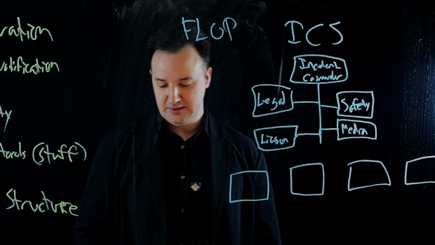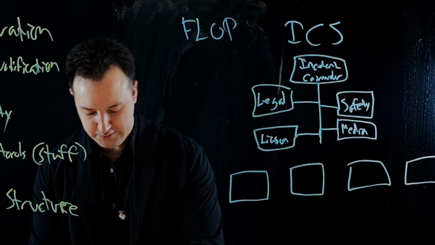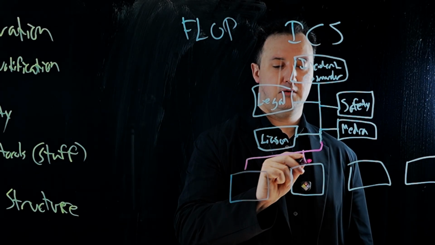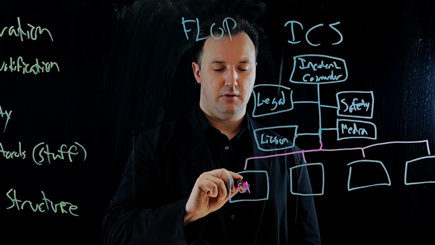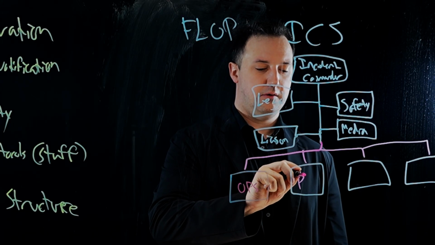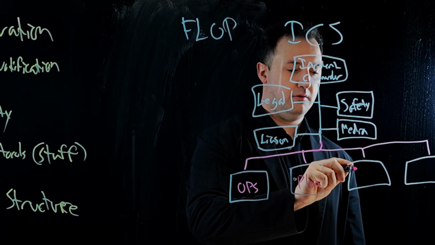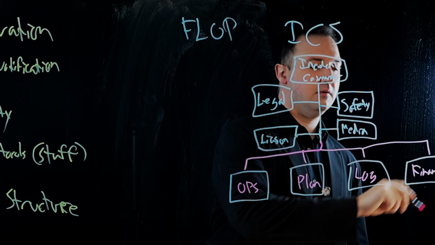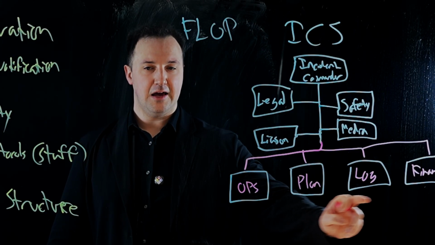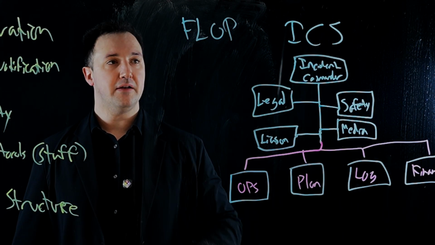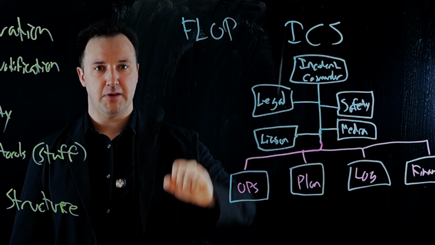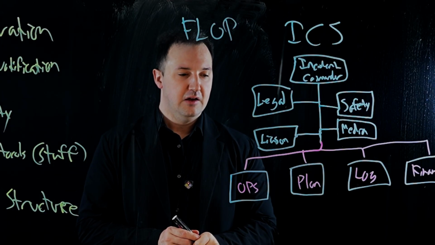When you see incident command diagrams, they will usually list them in the order of operations, planning, logistics, and then finance. They will list them in that order virtually every time, but your acronym is FLOP. Just to remember this: finance, logistics, operations, planning, to remember what box you need to make.